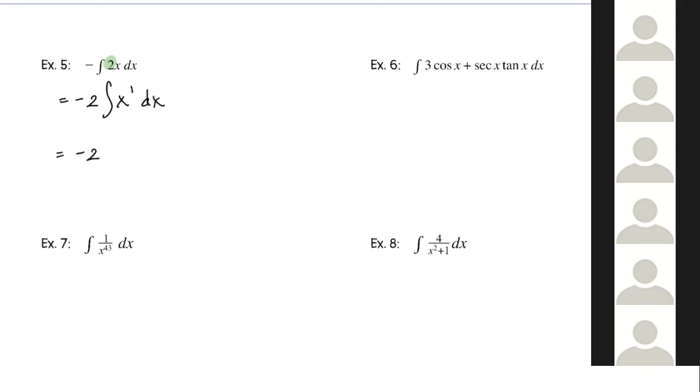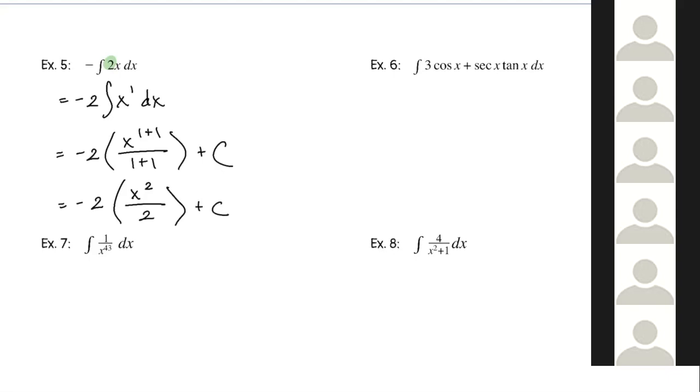We get -2 times x to the 1 plus 1 over 1 plus 1. Don't forget our plus c, making an effort to make it a capital C if we ever want to interact with WebAssign. Otherwise, it doesn't really matter. And when we simplify this, we'll get -2 x squared over 2 plus c.